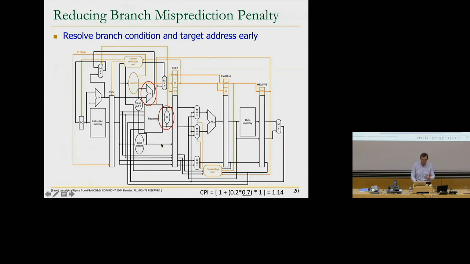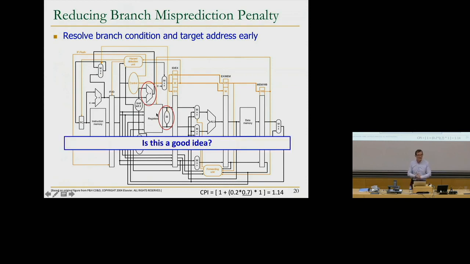Now you've reduced the penalty term to 1. That's the penalty for a wrong guess. You didn't change the probability of a wrong guess because your branch prediction algorithm is still next program counter is PC plus 4. But you reduced your cycles per instruction, which is good for performance, right? As opposed to 1.28, you have 1.14. But you've added extra hardware. Now the question is, is this a good idea? Any guesses?